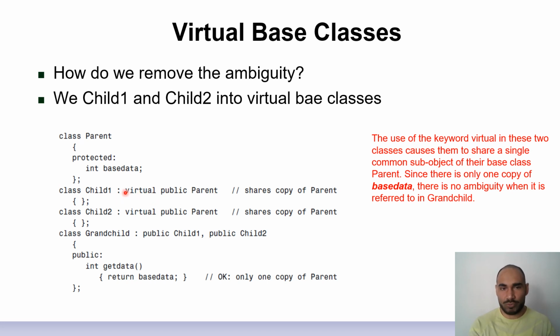We add this virtual keyword here and also the virtual keyword here. We do not make any changes to the grandchild. The use of the keyword virtual in these two classes causes them to share a single common sub-object of their base class parent. Since there is only one copy of base data, there is no ambiguity when it is referred to in grandchild.